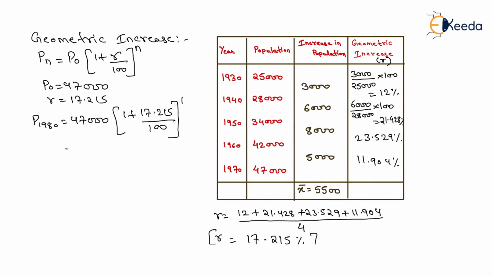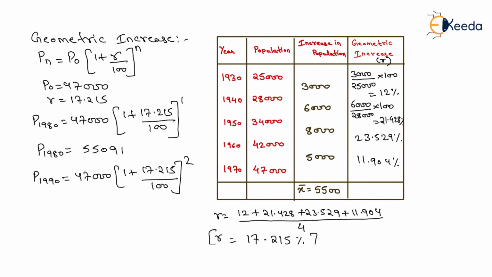So the population comes out as 55091, that is the population of 1980. Now if we want to calculate the population of 1990, it will be equal to 47,000 times 1 plus 17.215 upon 100 to the power 2. According to this equation, the value comes out as 64575. That is the population after 1990.